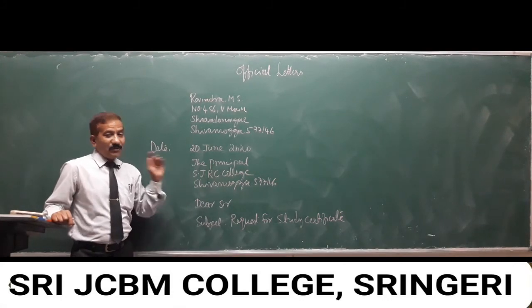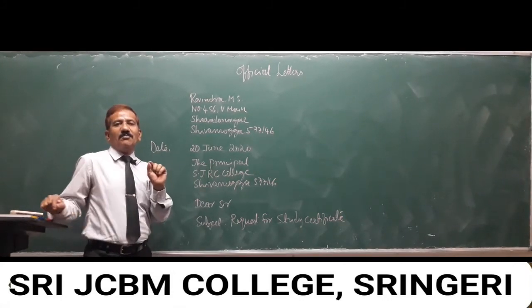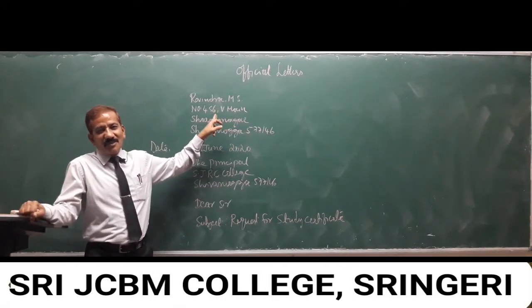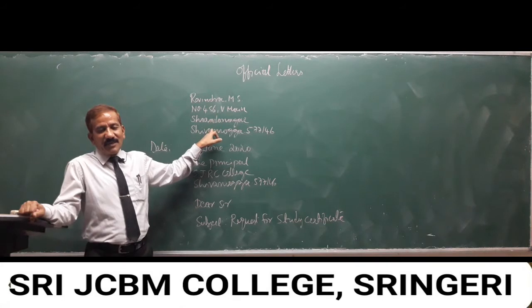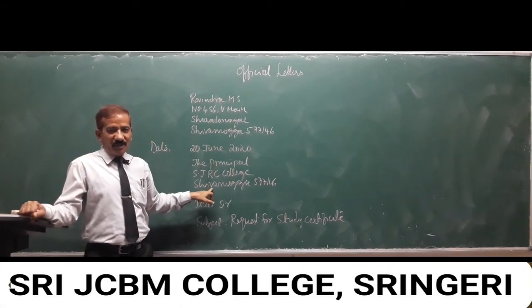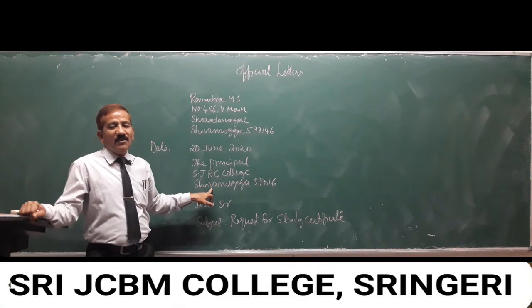So, okay, and one more thing that I have to bring to your kind notice. Have you observed any comma or full stop here in the sender's address, in the date line, or in the to address, if not for abbreviation? No such punctuation. What do you call it? See, open punctuation letters.